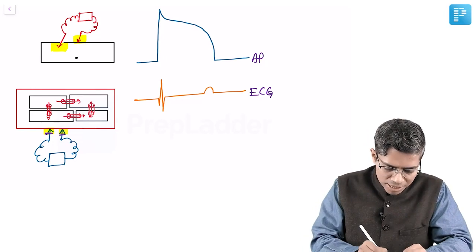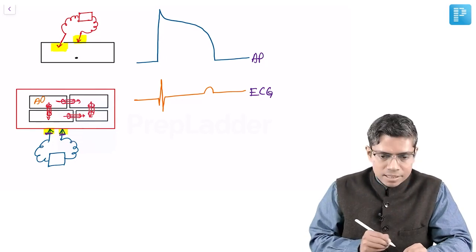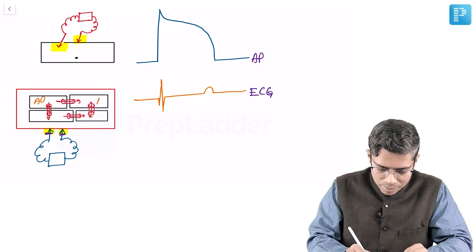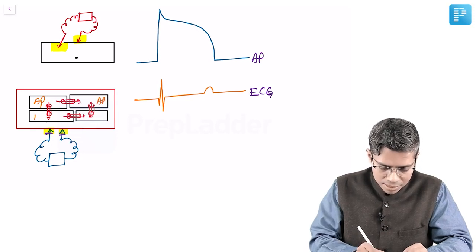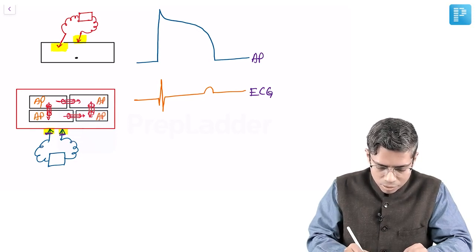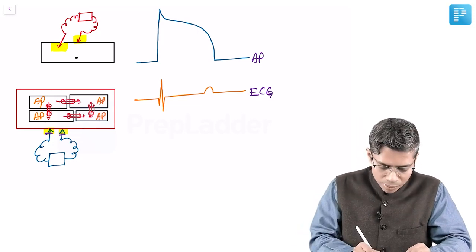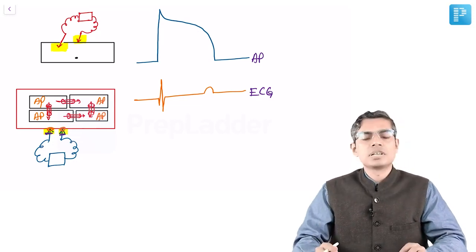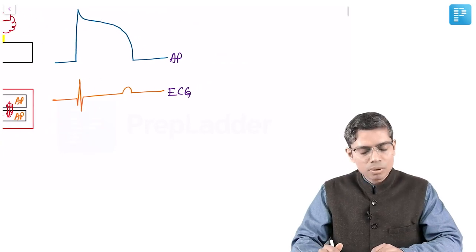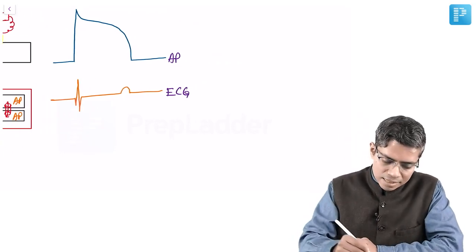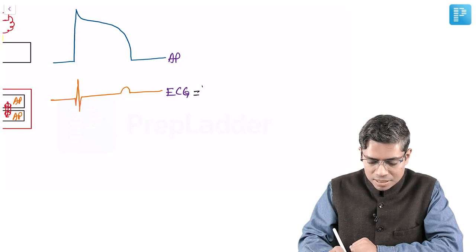Whenever this tissue is stimulated, this cell will produce an action potential, right? This nearby cell will also produce an action potential, and this one too. Whenever your electrodes are placed on the surface, you get a summated version of all these action potentials, and that summated version is the ECG.